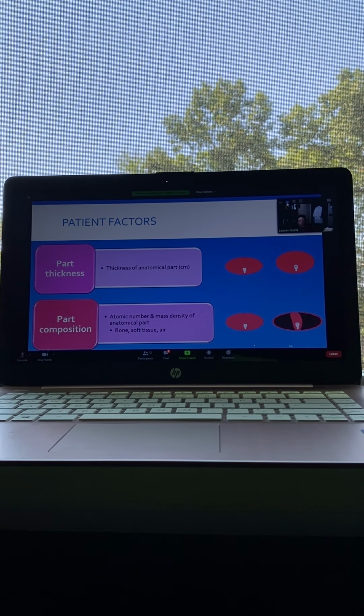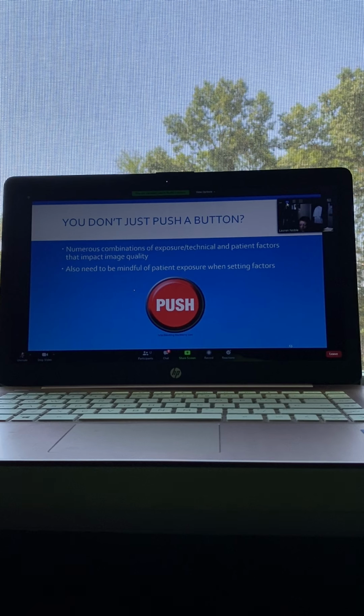So you don't use the same set of technical factors on an abdomen that you use on the lungs because we know that there are differences in attenuation here. So that's kind of an overview of some of these factors. We'll look at some of these in a little more detail. And like I said, next semester in particular, we will.